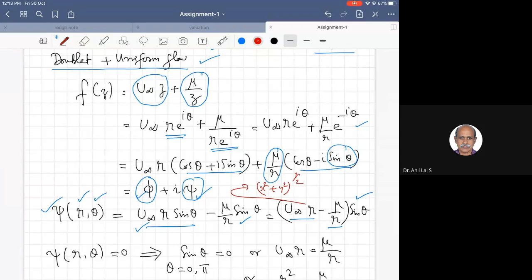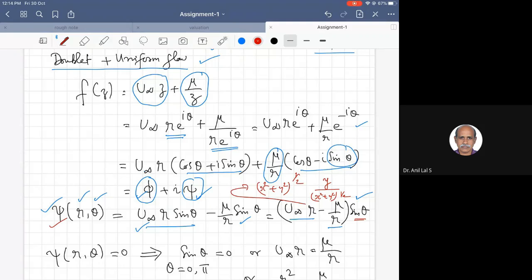So sin theta is equal to y by r, where r is x squared plus y squared, the whole raised to half. That way you can write psi as a function of x and y also.